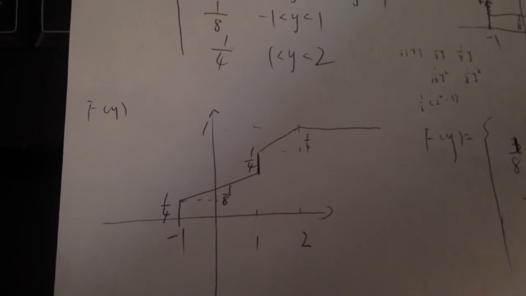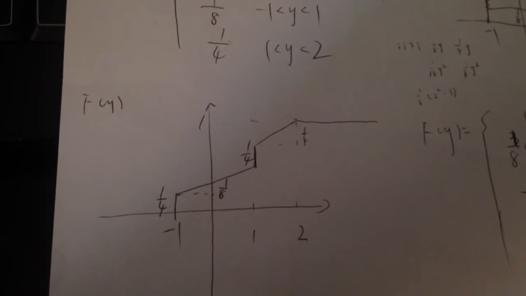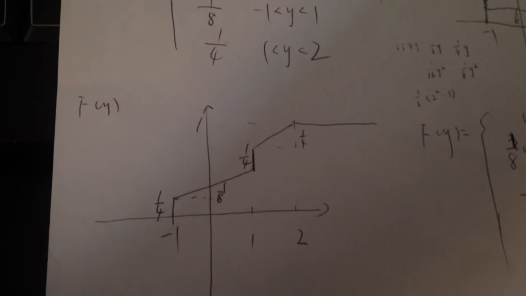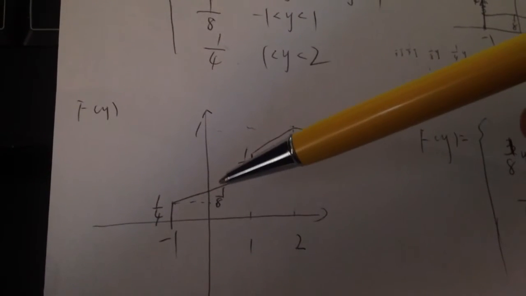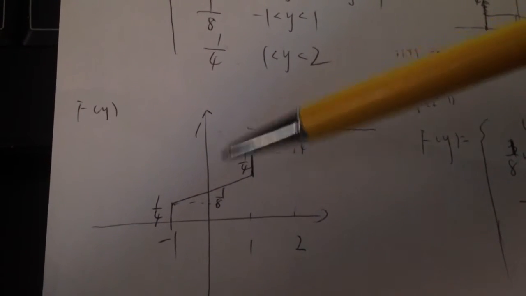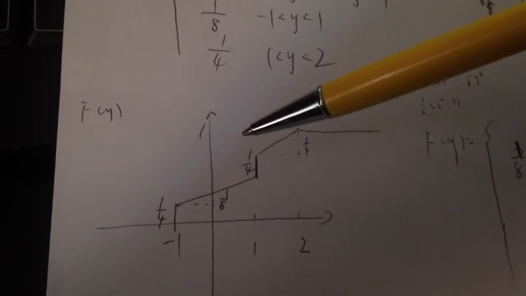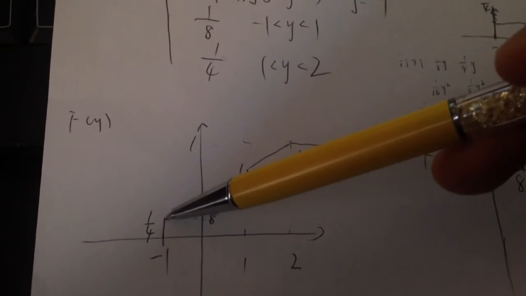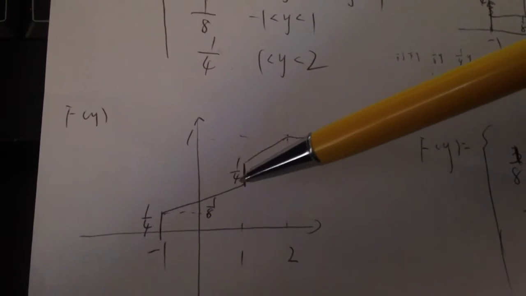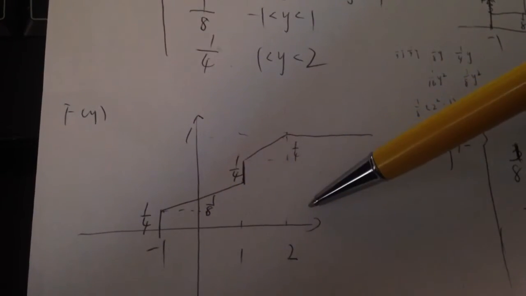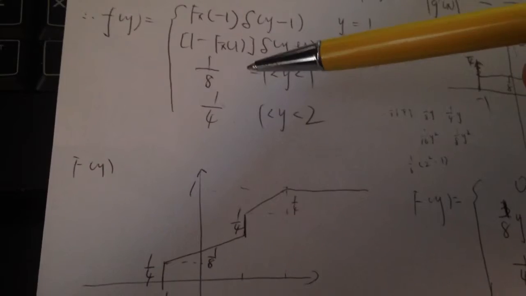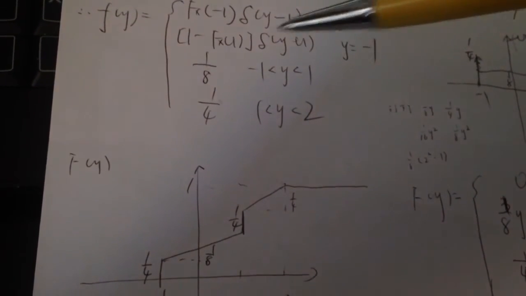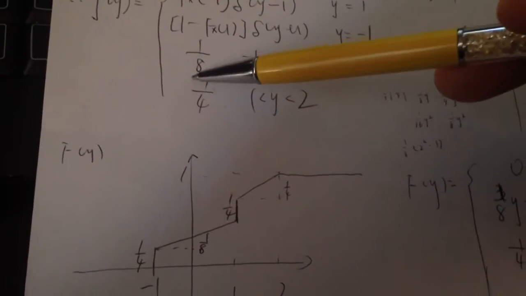And here we need to find out what big F of y looks like. When y is -1, the big F of y jumps up 1/4. And when y is between -1 and 1, the slope is the value of little f of y, which should be 1/8.